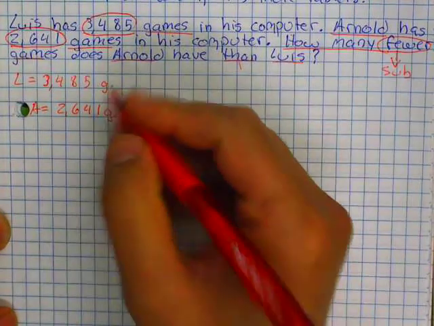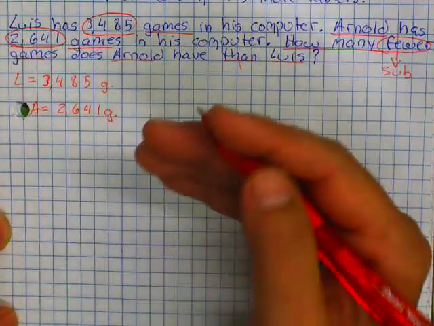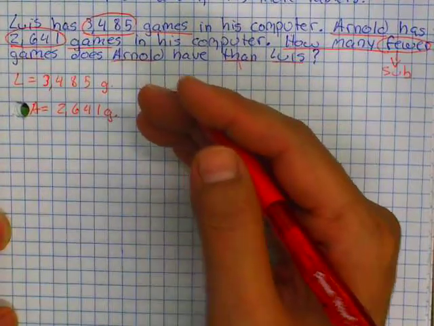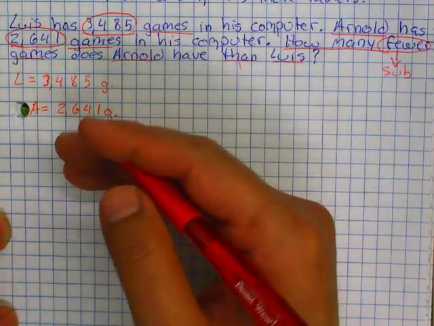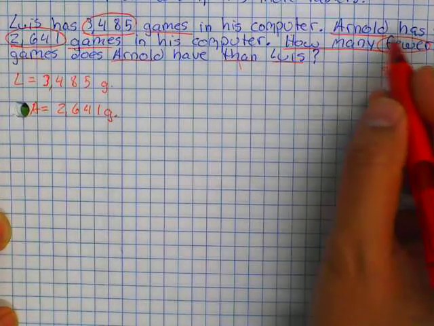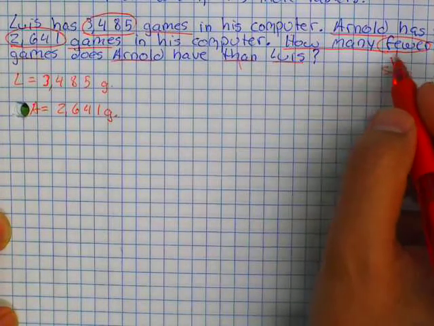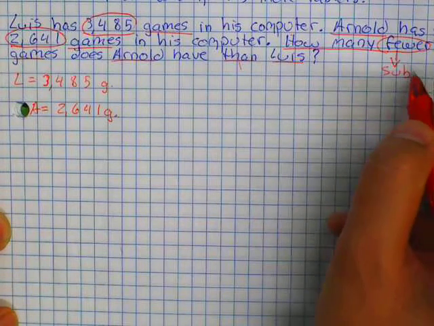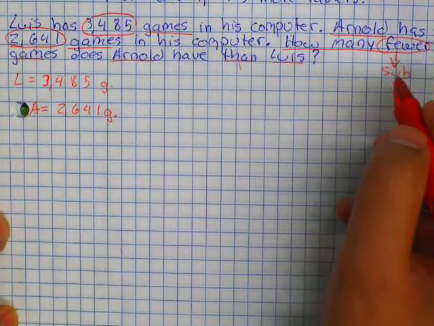Okay? So whether it's how many more, how many less, how much bigger, how much smaller, or shorter, or taller, or younger, or older, all those are to compare. And when you compare, you say how things are different. And the difference is the answer to a subtraction.